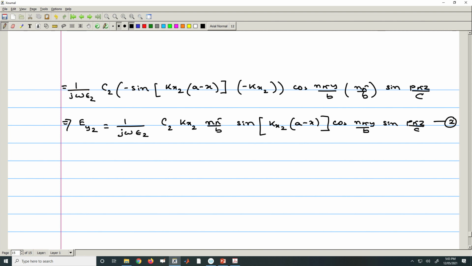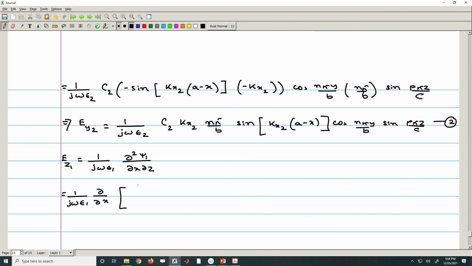Now, E z1. E z1 will be 1 upon j omega epsilon 1, del square psi 1 by del x del z. So this will be 1 upon j omega epsilon 1 del x of, we will differentiate with respect to z first.